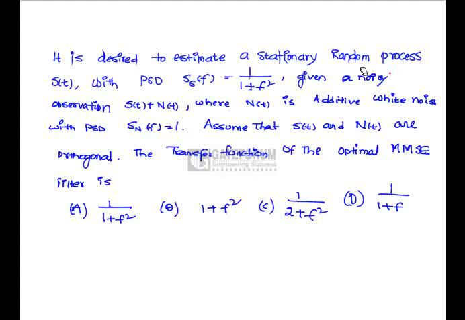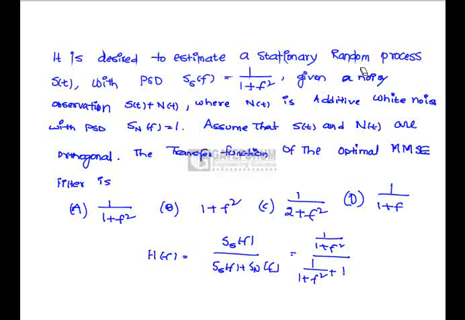The transfer function of the optimal MMSE filter is given as the power spectral density of the stationary random process, that is Ss of f, divided by the noisy observation, that is Ss of f plus Sn of f, that is 1 by 1 plus f square divided by 1 by 1 plus f square plus 1. Here 1 by 2 plus f square. That means the answer C is correct.